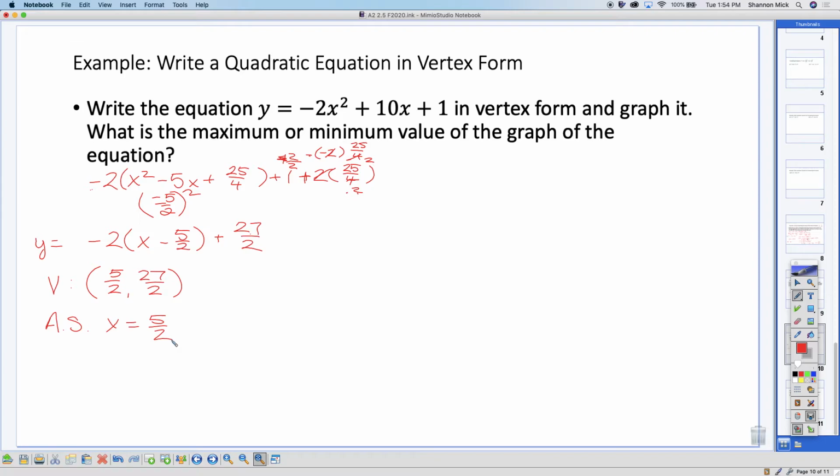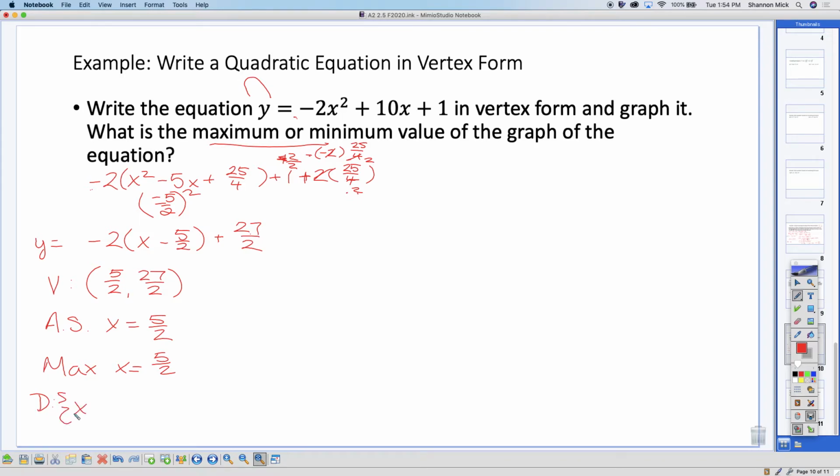Well, this is opening up or down? It says max or min, but it's opening down, yes? So it's going to be a max. Max at x equals what? X equals 5/2. What is my domain?